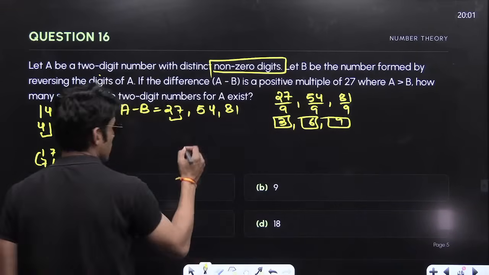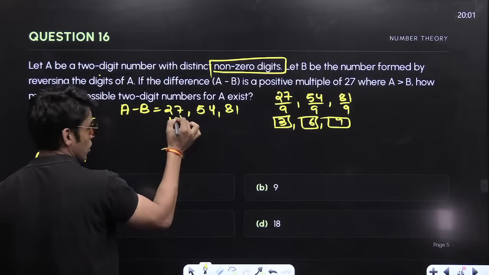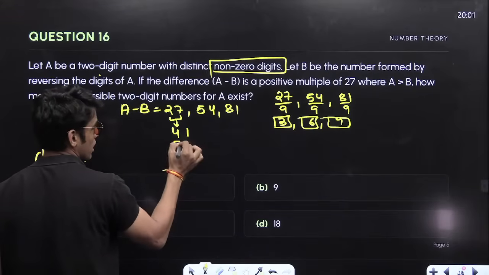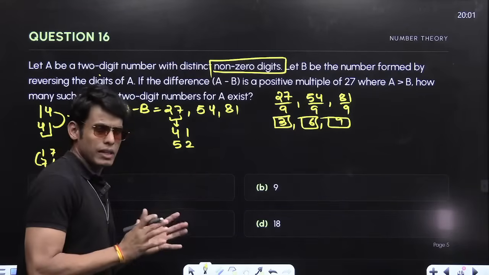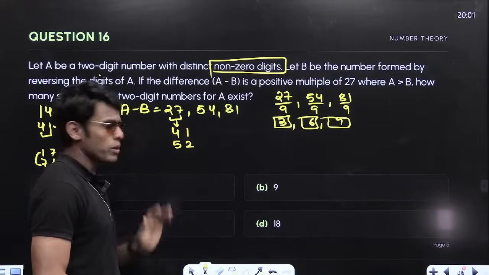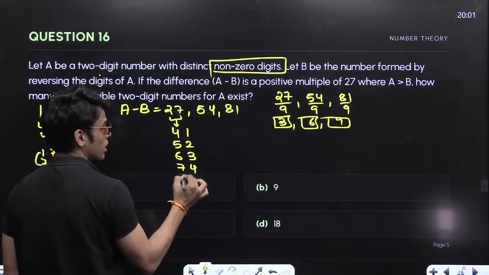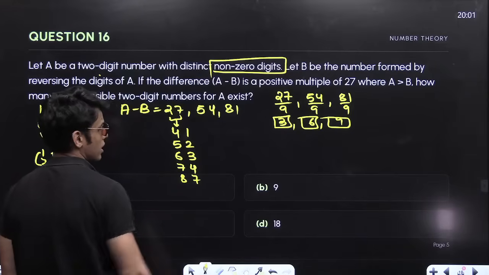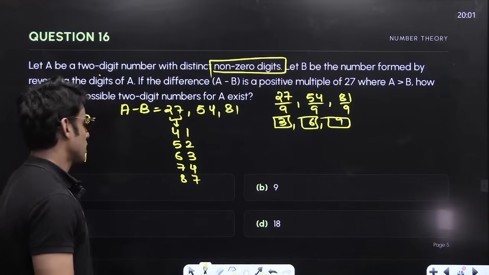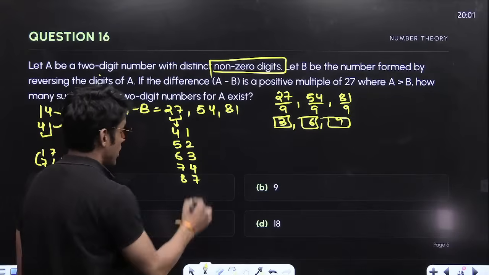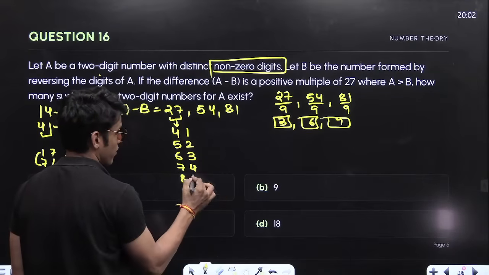Now what are these numbers? Corresponding to this, I will have these numbers. The difference between the digits has to be 3: 63, 74, 85, my bad, 85.